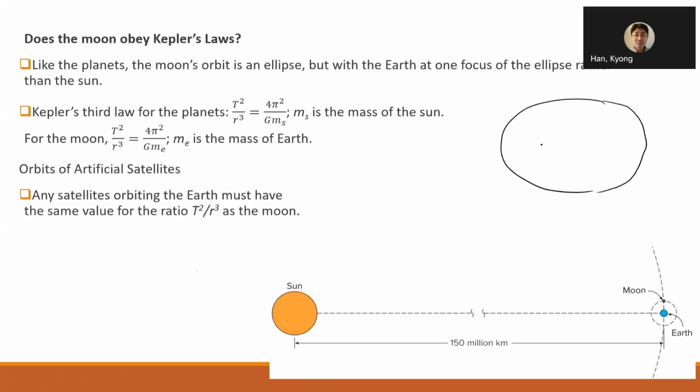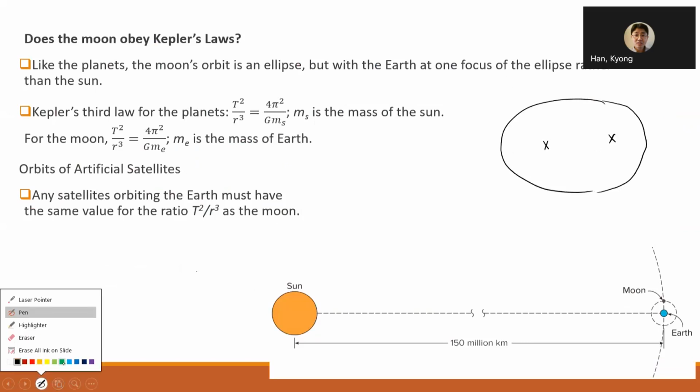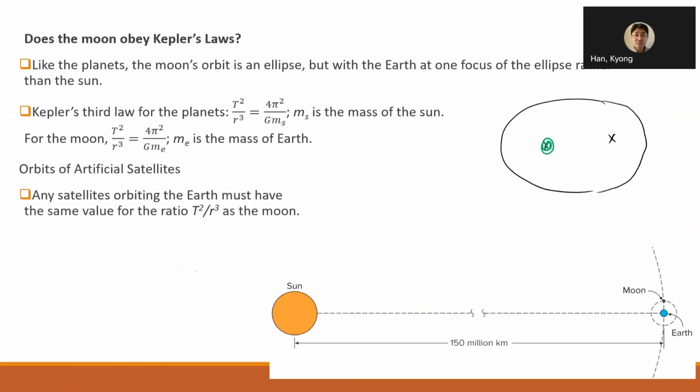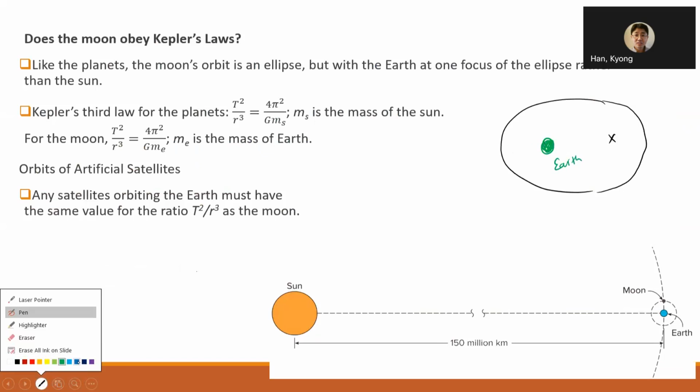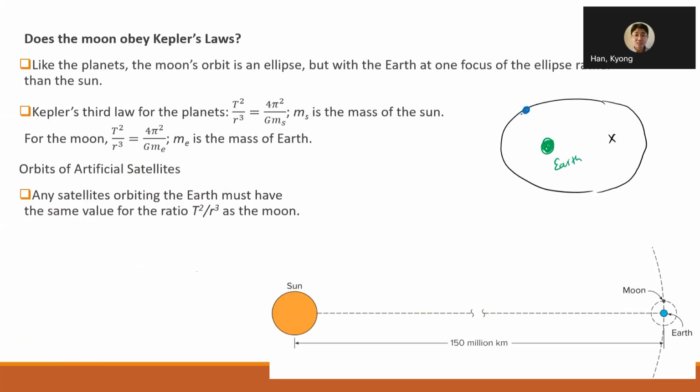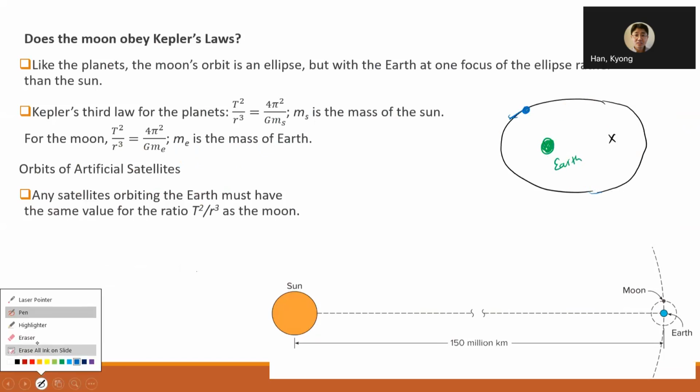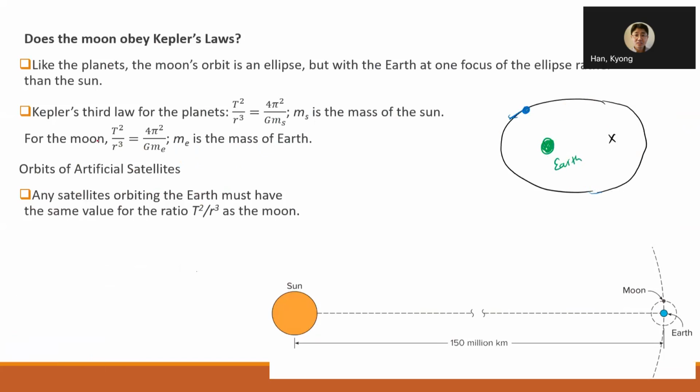There are two focuses, one focus here, and the Earth is here, a green Earth with a lot of trees. The moon orbits the Earth along this ellipse. The orbit actually doesn't look like this; it is almost circular, very close to a circular orbit. Also, it follows Kepler's third law.